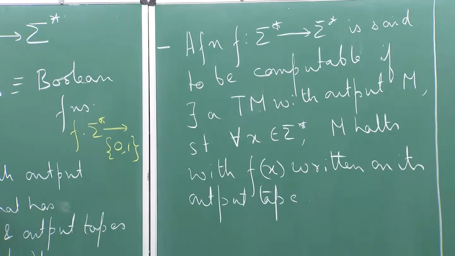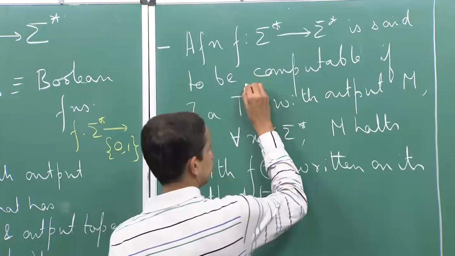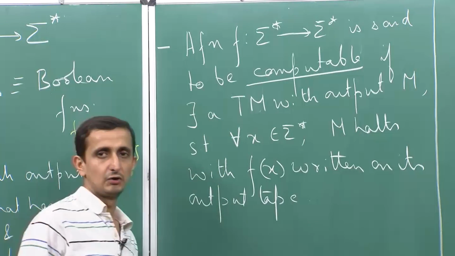Okay. So, when this happens, we say that the function f is a computable function.